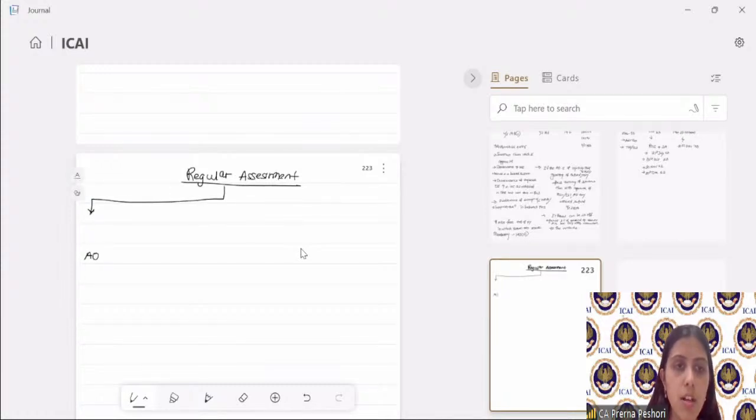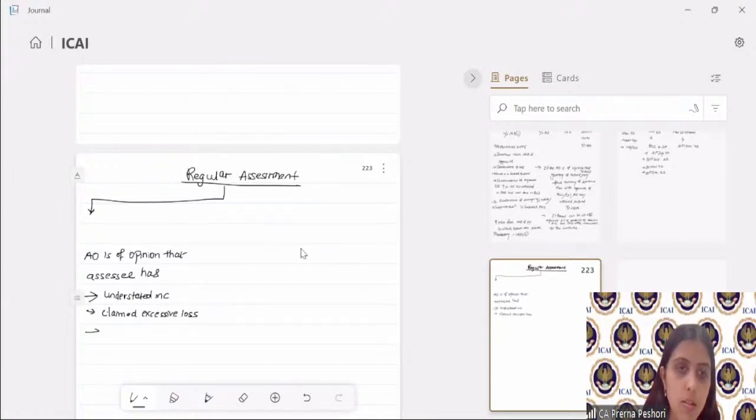If the AO is of the opinion that the assessee has understated the income or has claimed excessive loss or has underpaid the tax, then in that case the AO will issue a notice under section 143(2).